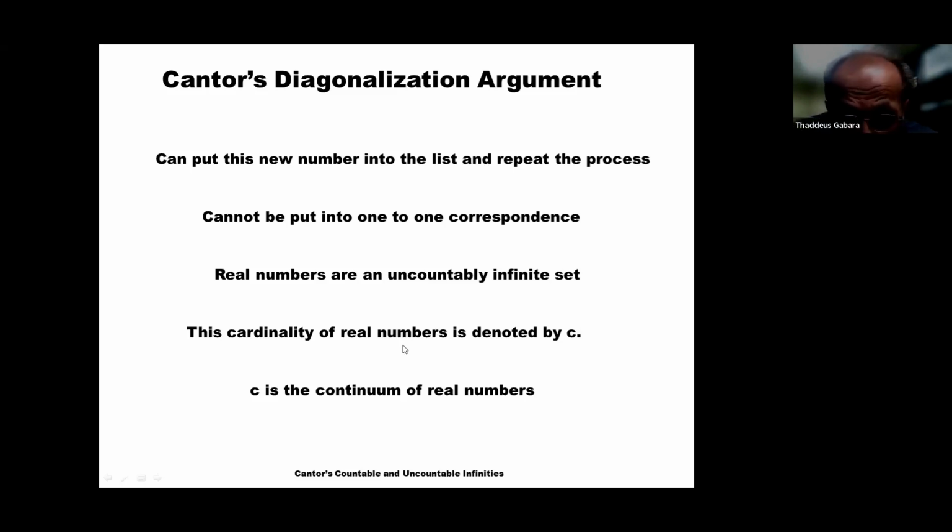The cardinality of the real numbers is given another term. It's called C for continuum. C is the cardinality of the continuum of real numbers. So C is much larger than alpha null.